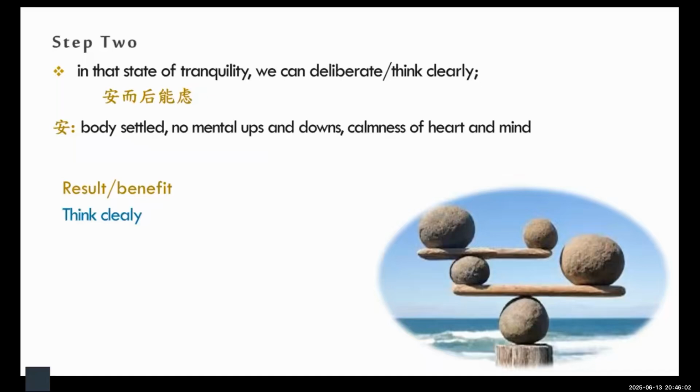When we are settled, there are no ups and downs in our thinking, our mind is not like a roller coaster. Everything is still. It's so still that it looks like a mirror.